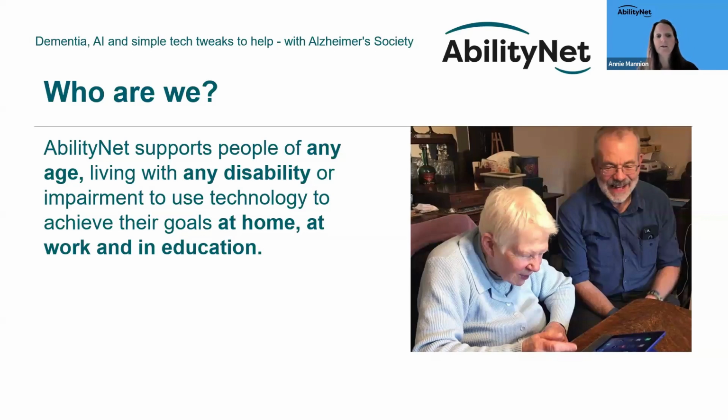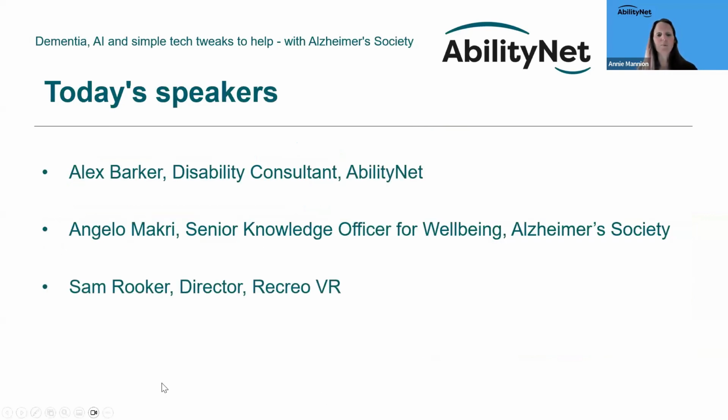So today, discussing dementia, AI and simple tech tweaks and tools that can help, we have joining us Alex Barker, who's a disability consultant with AbilityNet, who you may be familiar with from some of our previous webinars. He'll be highlighting some tech ideas that could help with managing dementia, including techniques for using AI. Also joining us is Angelo Macri, who is Senior Knowledge Officer for Wellbeing at Alzheimer Society.